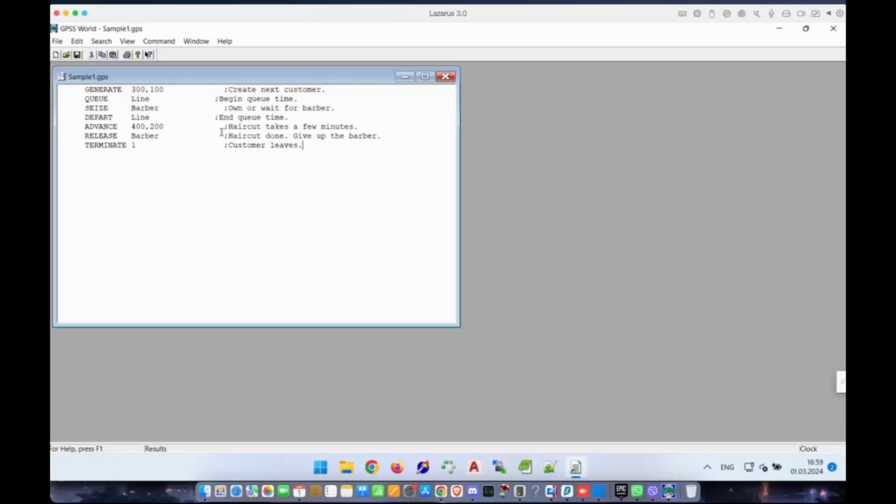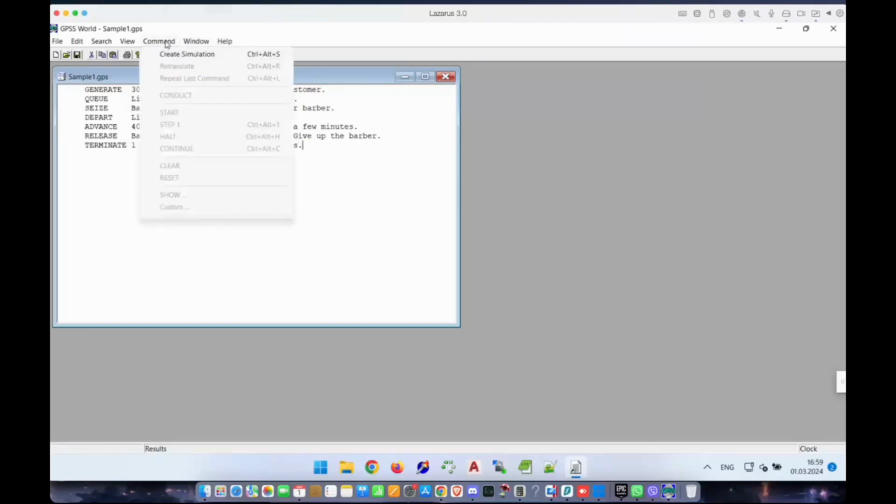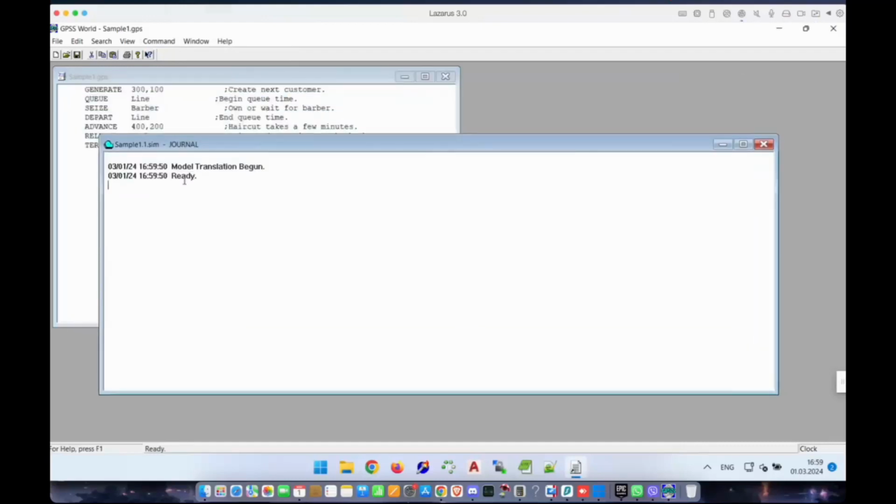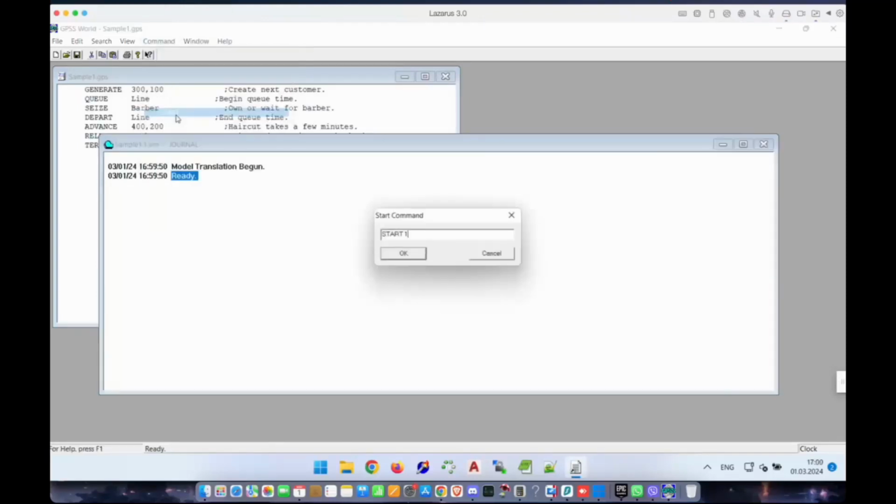So at this point we have this code. How can we run it? We can go to the command menu and create the simulation. If we don't see any error messages and we have the text that the model is ready, we can run it with the command start.